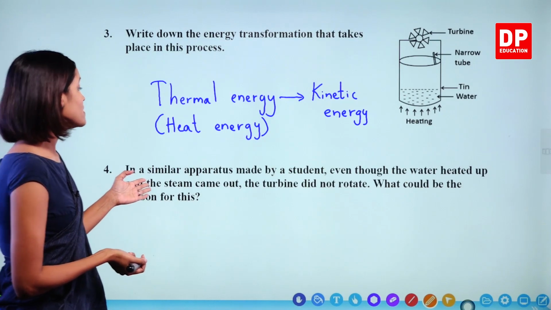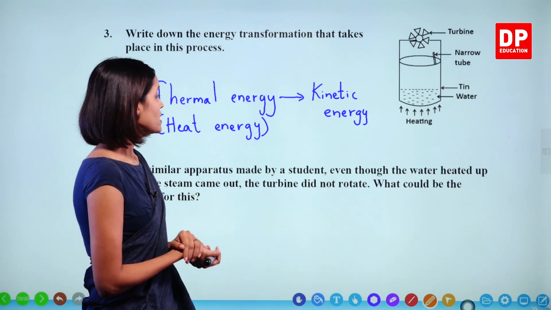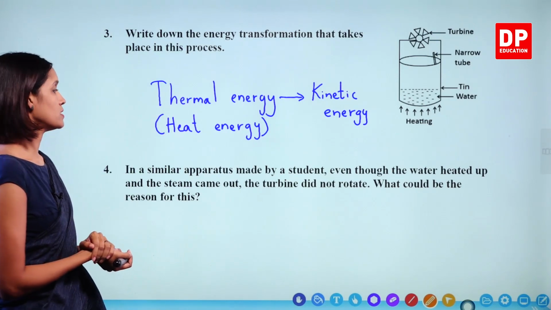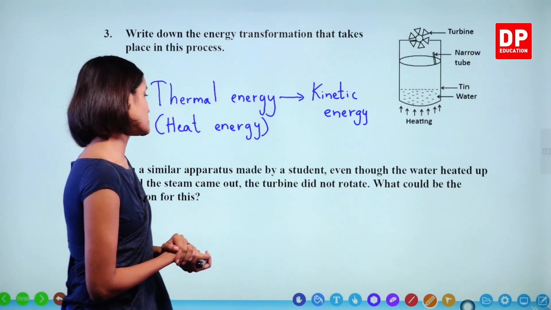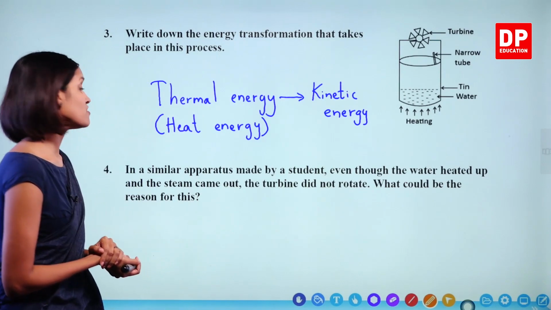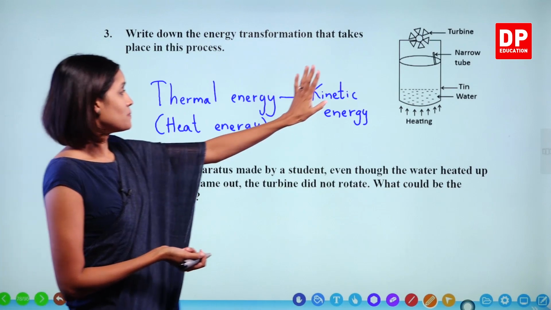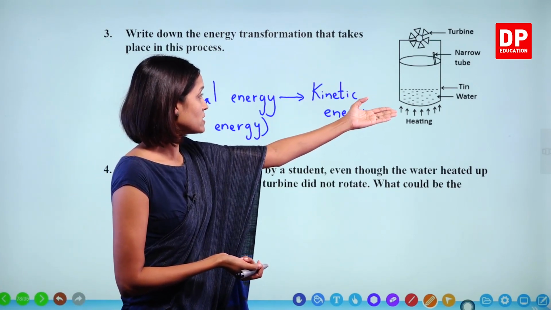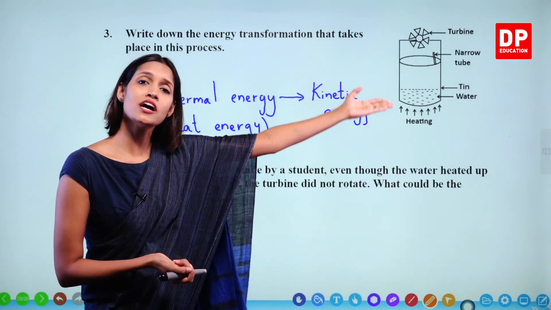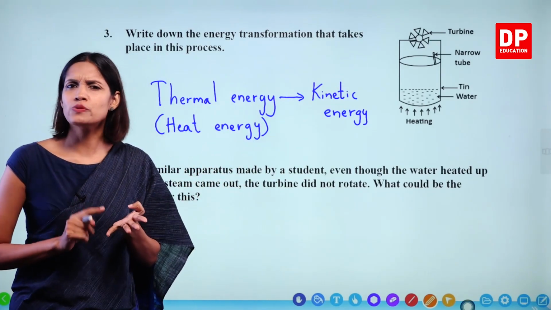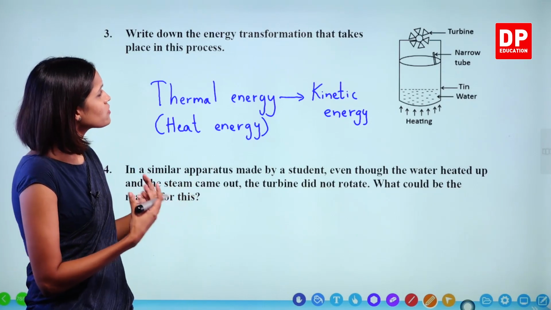Number 4. In a similar apparatus made by a student, even though the water heated up and the steam came out, the turbine did not rotate. What could be the reason for this? There could be many reasons.